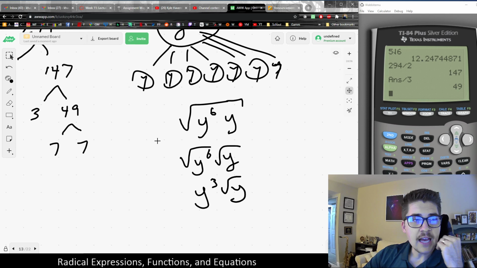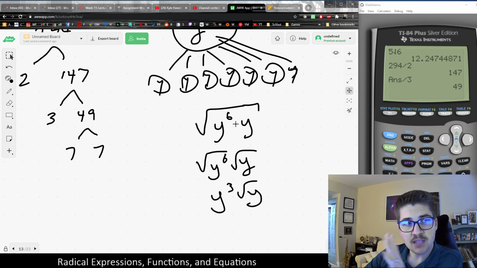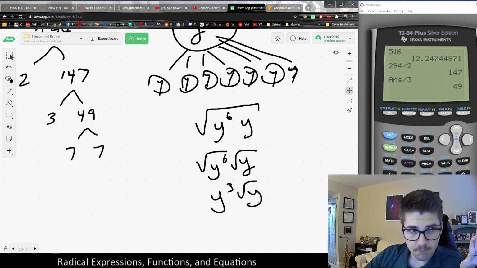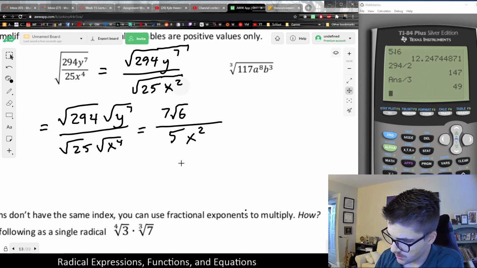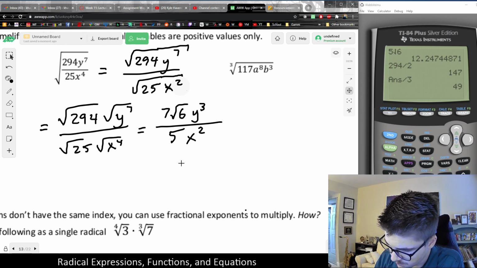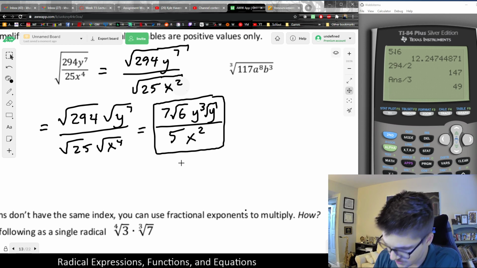So essentially, when you're trying to simplify variables such as this, it's helpful to separate it, break it down, pull one of them out, and leave the rest even, because an even number will reduce by half. And since the square root means a 1/2 power, that would give us y cubed times root y. Anyways, that would be the final simplification of that one. Definitely a more challenging example. Sorry, there should be a square root on that y, as I said.